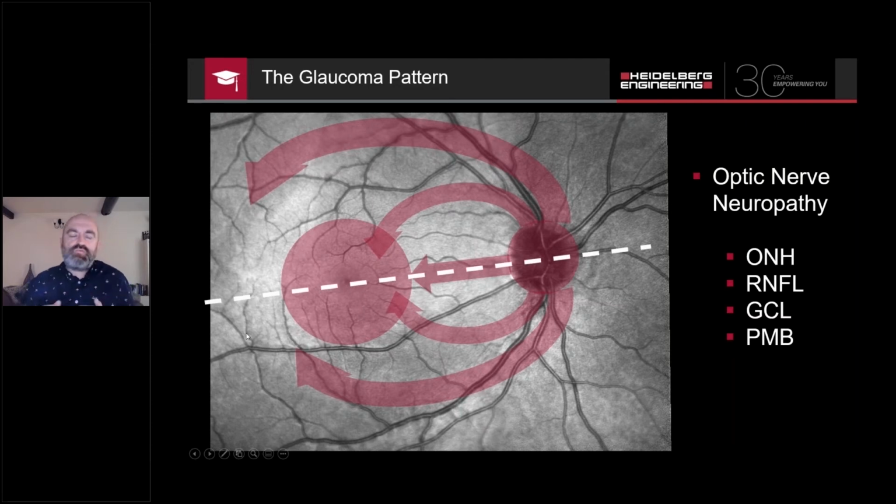So what that means is we see changes in these structures that happen on the superior or the inferior hemisphere. And often if that's the opposite way around, with a respecting of the vertical midline, that's actually a sign of a different type of optic neuropathy that isn't glaucoma.